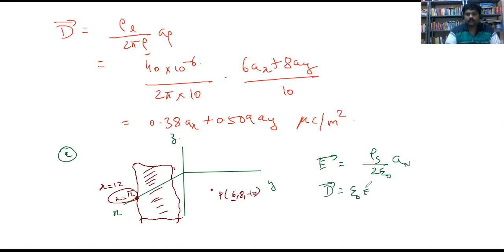Epsilon naught E. So this becomes epsilon naught into rho s by 2 epsilon naught into AN. Therefore, rho s and epsilon naught get cancelled. D equals rho s by 2 AN.